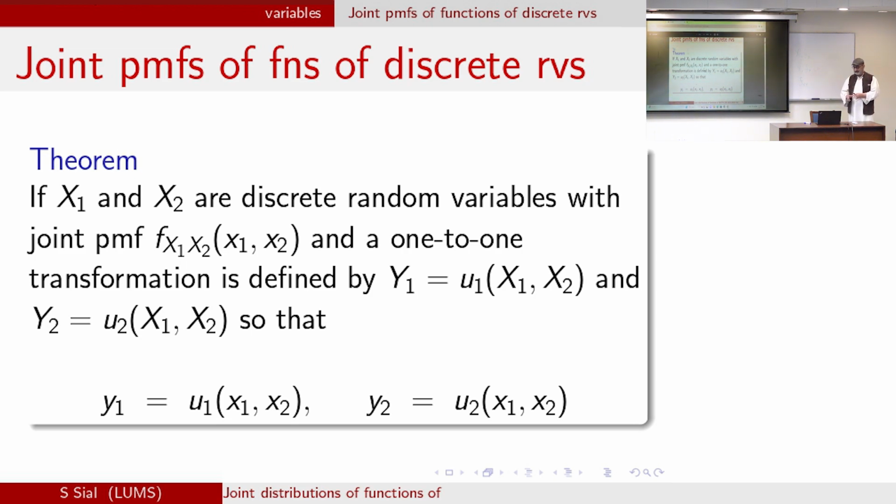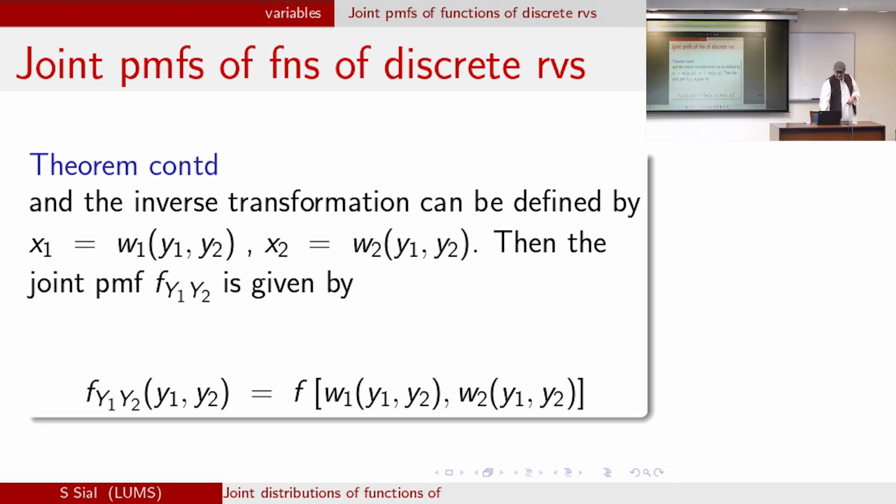We saw something like this for one single random variable. Now we're transforming two random variables at the same time. If the transformation is 1 to 1, then we can talk about an inverse transformation. So if y1 equals u1 of x1, x2, and y2 equals u2 of x1, x2, then let's say that the inverse transformation is given by functions w1 and w2: x1 equals w1 of y1 and y2, and x2 equals w2 of y1 and y2.